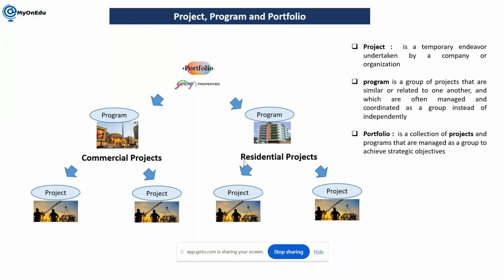So we answer no. This is not part of Godrej Properties, it is part of Godrej Infrastructure. Let them manage it, because we just need to focus on the commercial and residential real estate market. That is my objective. So whatever project we are executing has to be aligned with the objective of the organization.